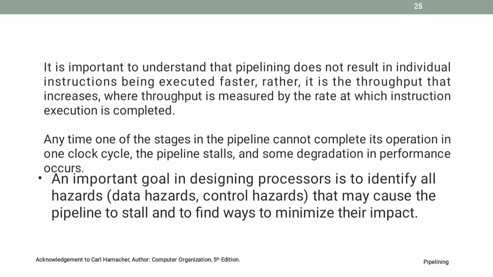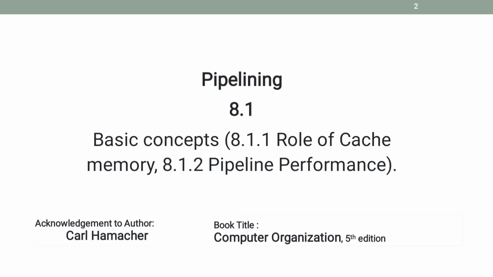That completes the discussion. So, what was the topic? Pipelining. In that we discussed the basic concepts, that is main memory, cache memory, and processor, how over the system bus program and data are copied from main memory to cache, and from there at faster rate made available to processor.